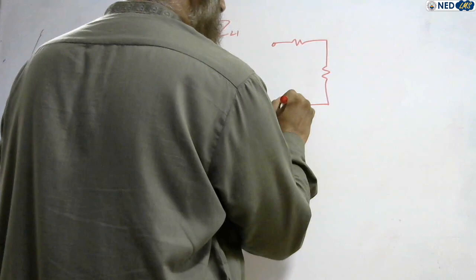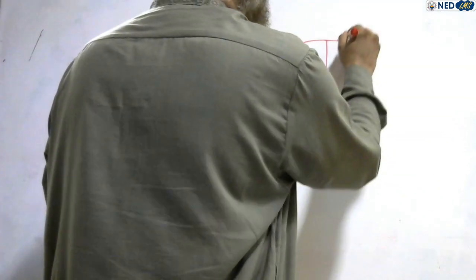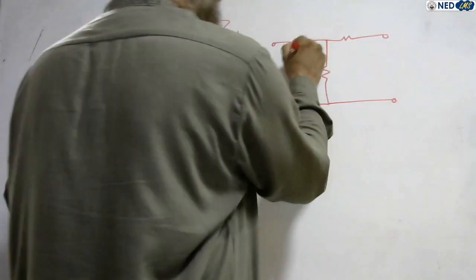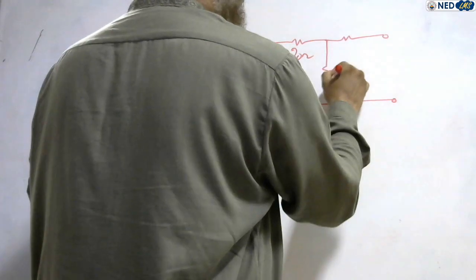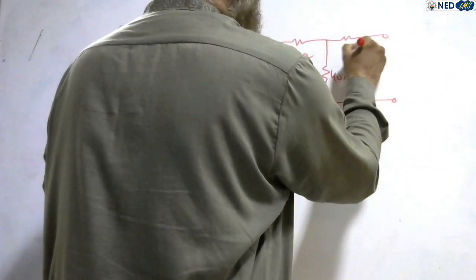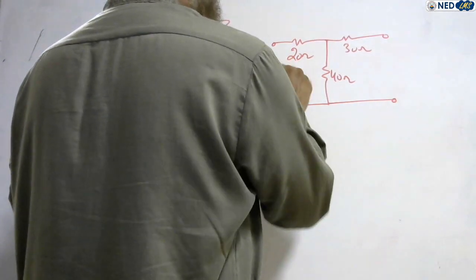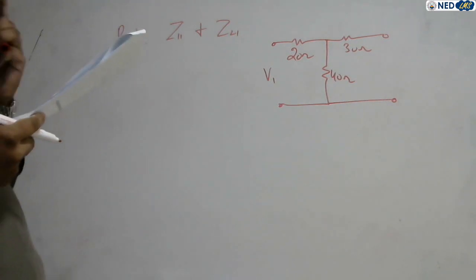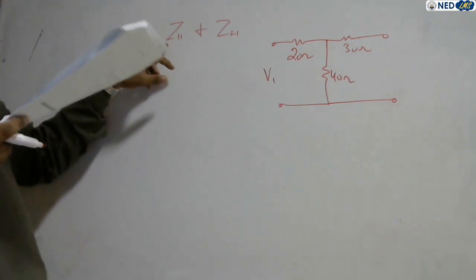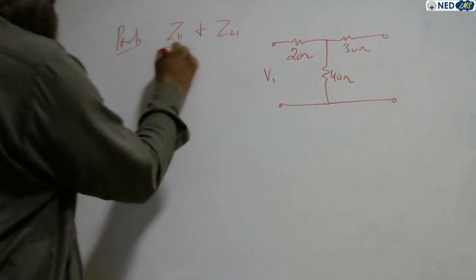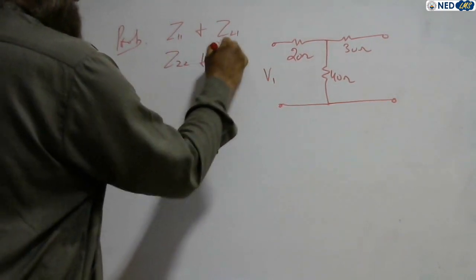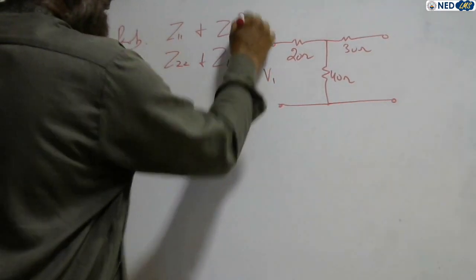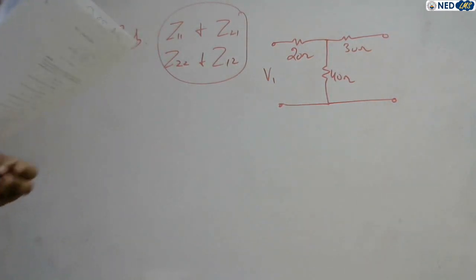The network shows resistances of 20 ohms, 40 ohms, and 30 ohms. This is input, this is output. To determine the impedance parameters, you have to find Z11, Z21, Z22, and Z12, all four parameters of impedance.